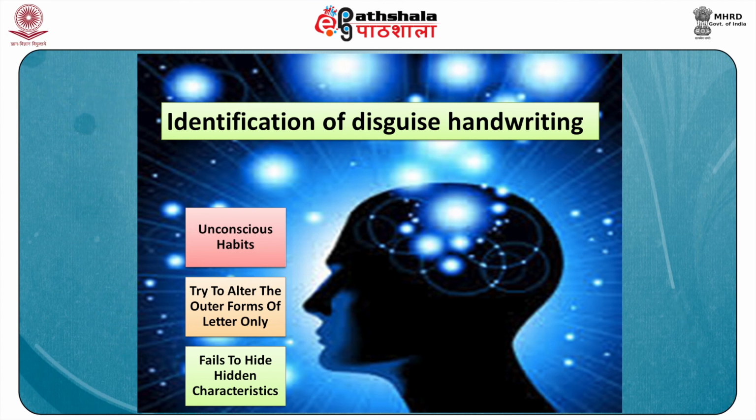The main reason is that writing is the product of unconscious habits and a man cannot retain consciousness for long. Secondly, persons generally do not know much about their writing characteristics and they try to alter the outer forms of letters only, considering that such changes will securely shield them.